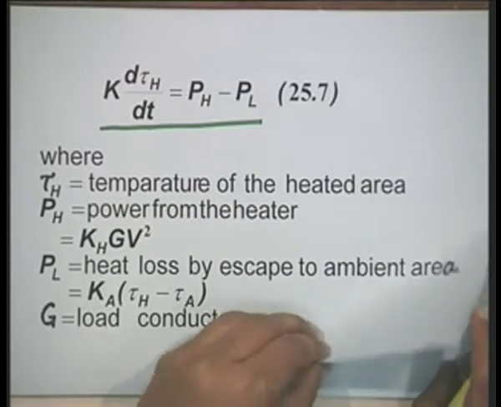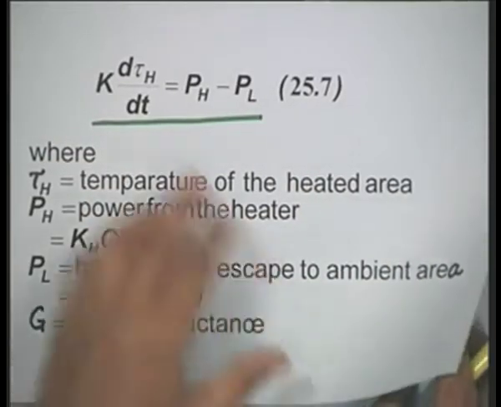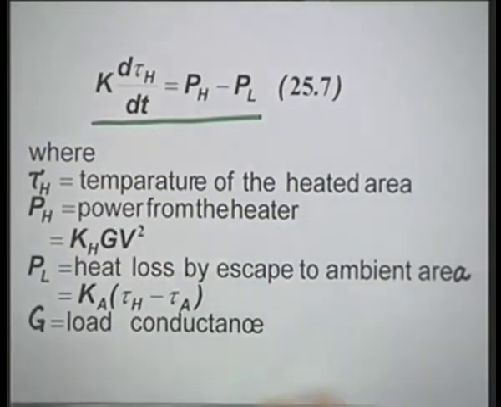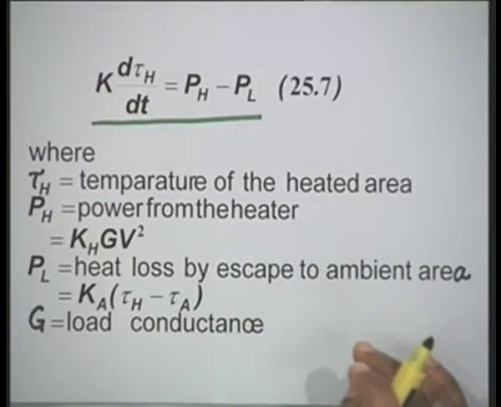Now, this equation has been put in a form where I can realize the transfer function relating the actual temperature of the system and the actual conductance of the system.